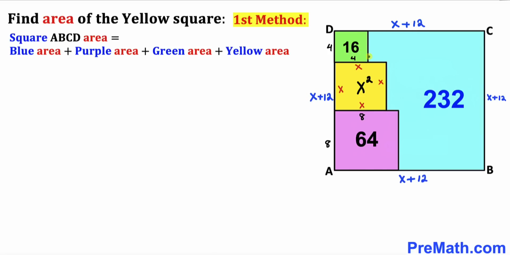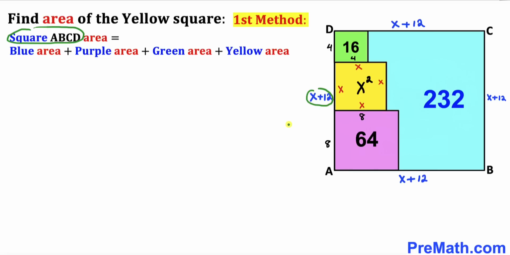And now we can see the area of this whole square ABCD is equal to the area of this blue shaded region plus the area of this purple square plus the area of this green square plus the area of this yellow square, as you can see in this given equation. And we know that the area of the square ABCD is going to be simply the square of its side length.